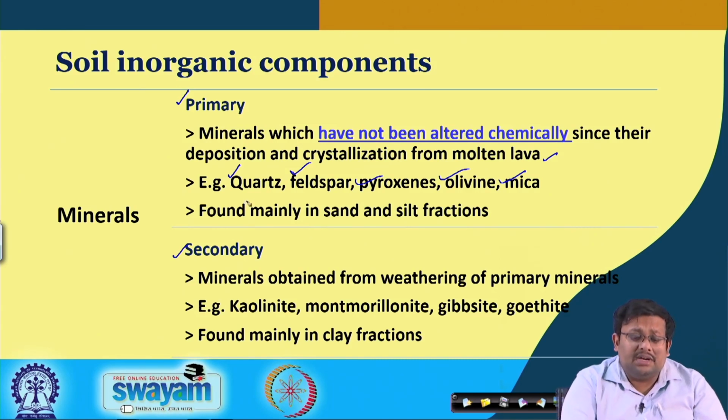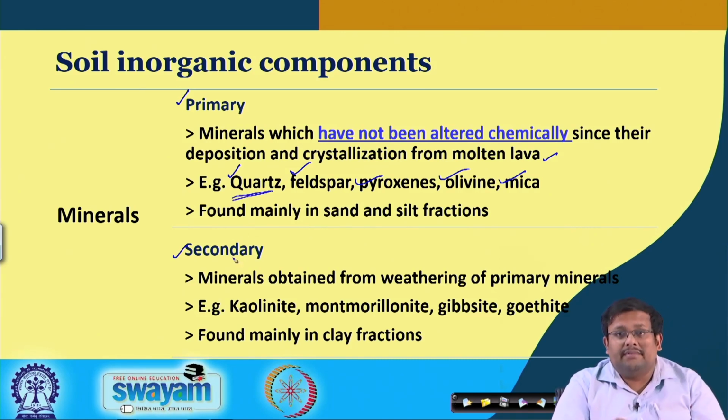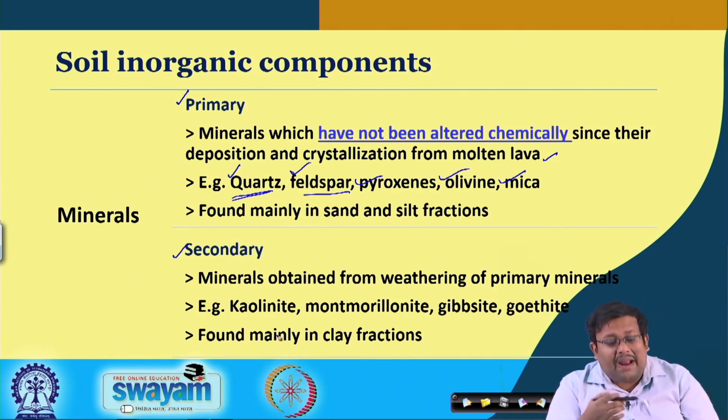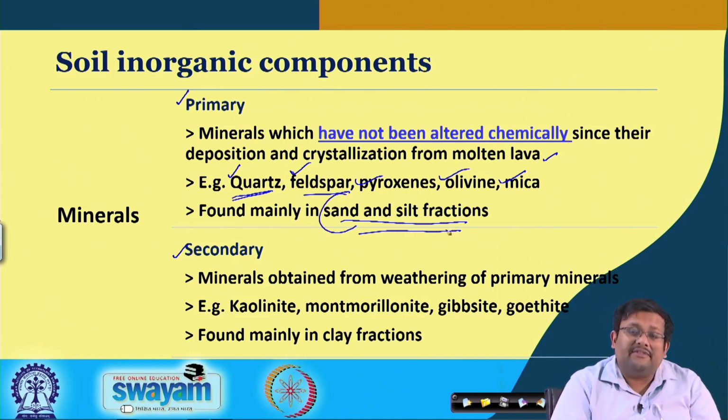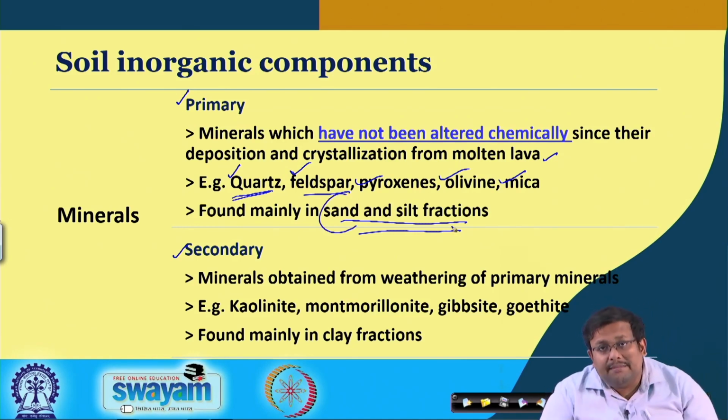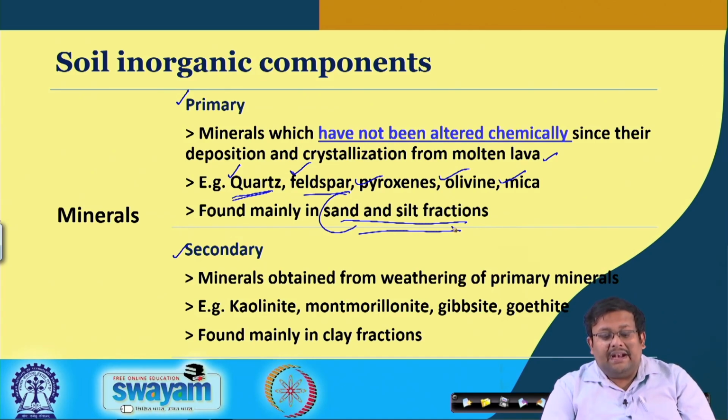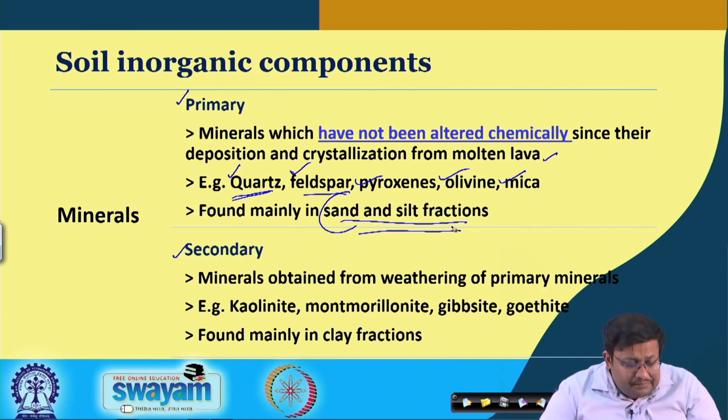And remember that quartz is the most dominant primary mineral, followed by feldspars, and these primary minerals are mainly found in the sand and silt fraction. So, these primary minerals basically compose the sand and silt fraction, which form the skeleton of the soil, and the sand and silt fractions are chemically non-reactive or inactive.